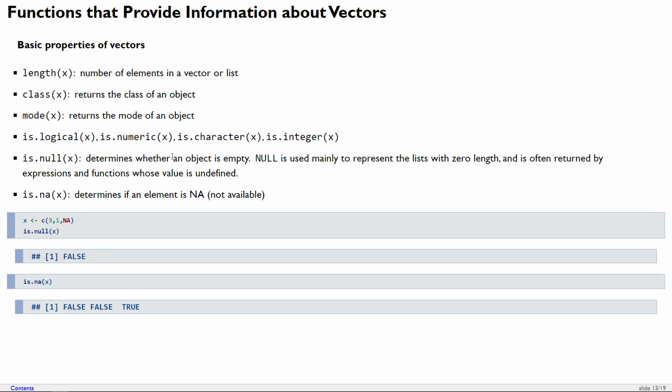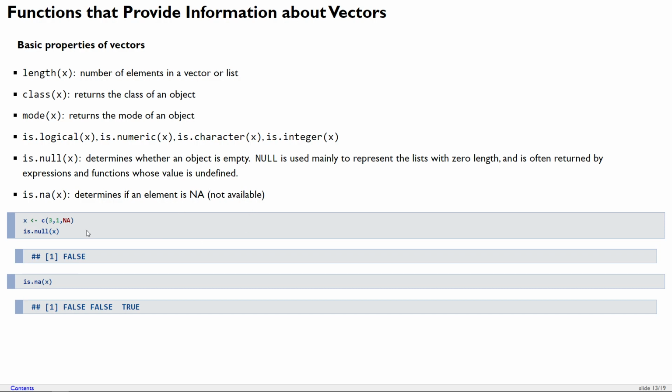This one determines whether an object is empty. In R, NULL is used to represent the list with zero length and is often returned by expressions and functions whose value is undefined. And the is.na function determines if an element is missing, NA, or not.